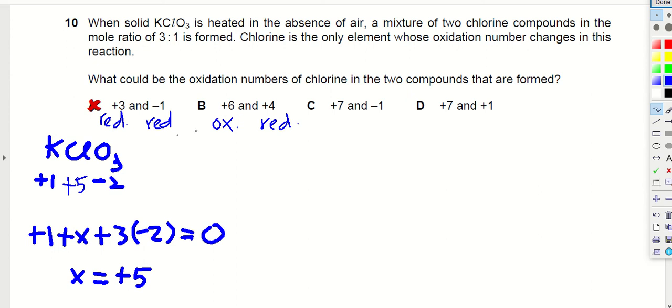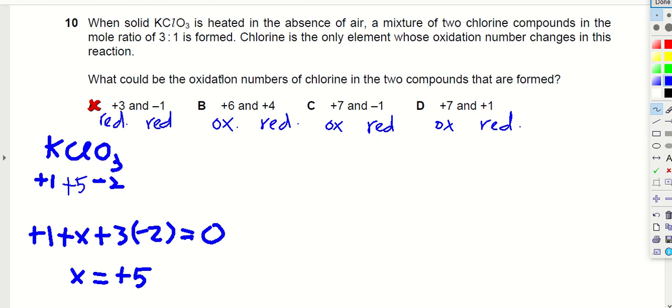Look at C. +5 to +7 is oxidation because the number is increasing. +5 to -1 is reduction because the oxidation number decreases. D. +5 to +7, oxidation. +5 to +1, reduction. So A cannot be the answer because both are reduction, there is no oxidation.